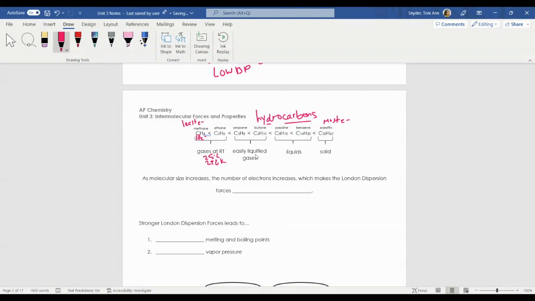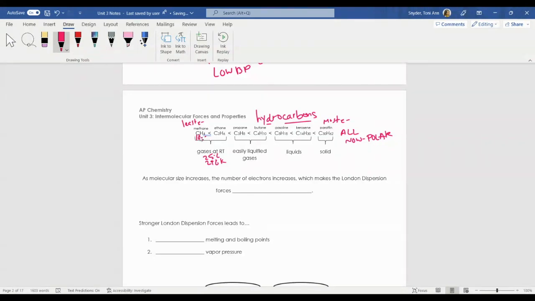Because methane, and oh, I should also say all of these are nonpolar. And we could tell because there's no very electronegative element in there. I don't have any nitrogen. I have no oxygen. I have no fluorine. None of that stuff. So all nonpolar molecules.